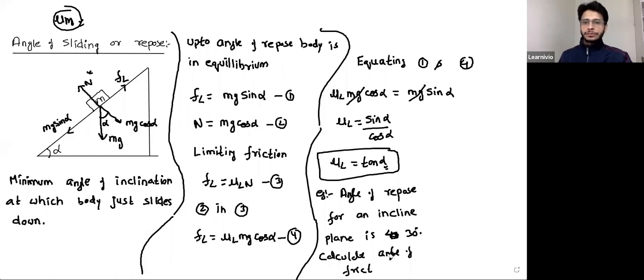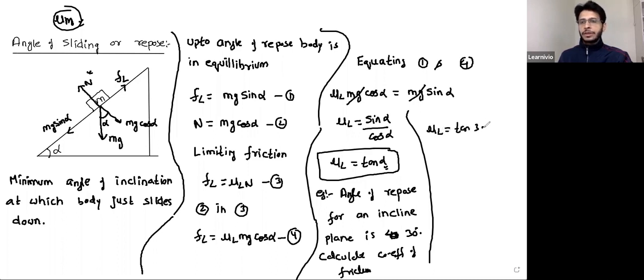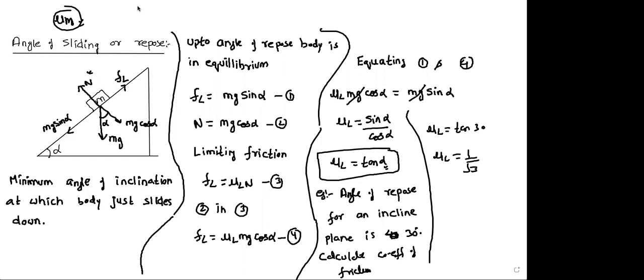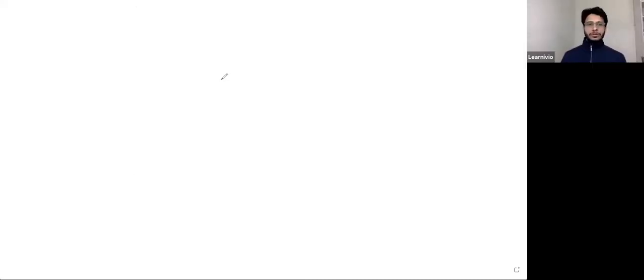Calculate coefficient of friction. Coefficient of friction is mu L equals tan 30, which is 1 by root 3. So this is how you can calculate. So this is how we calculate friction over an inclined plane. So if you have an inclined plane, then friction is coefficient of friction multiplied by normal reaction.